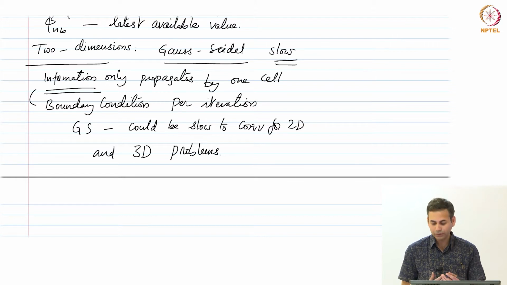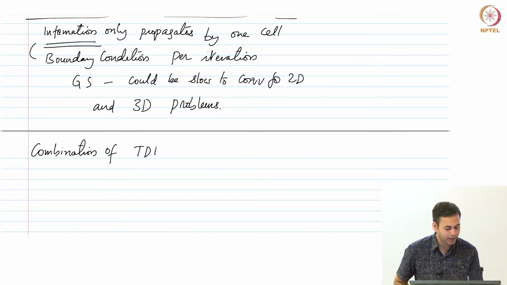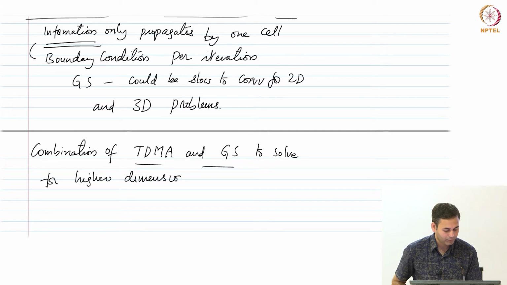So, as a result, we will not go into that direction. Rather, we will use a combination of the TDMA and Gauss-Seidel. Okay. So, we would use a combination of these two to solve for 2D and 3D problems or higher dimension problems. Fine.